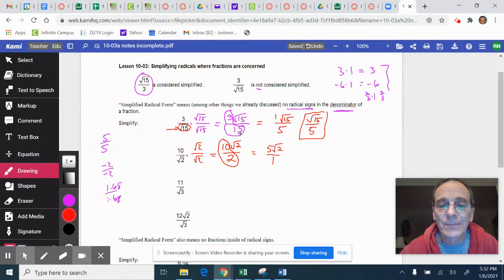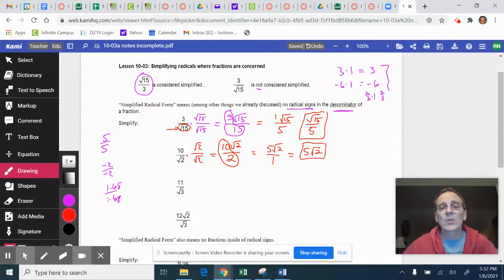Honestly, I sometimes wonder if students know what that simplifies to, and that's why I insist that you simplify it all the way. Get rid of that divided by 1. That's totally unnecessary, and I want to know that you know that.